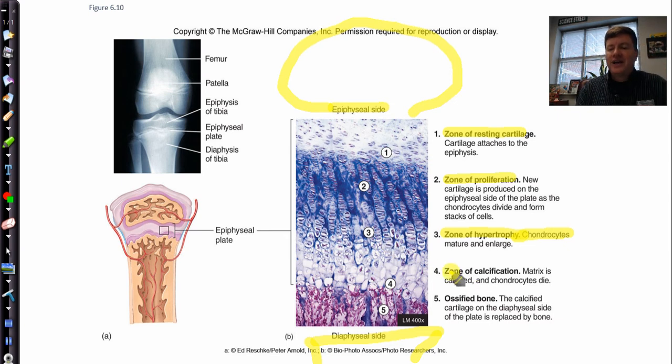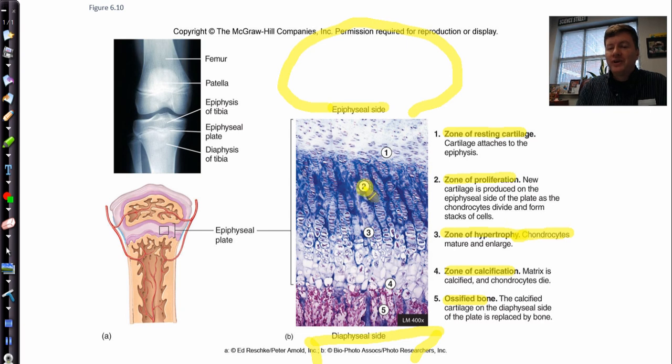The zone of calcification is the area where the osteoblasts are beginning to infiltrate this cartilage and beginning to lay down matrix. And again, the matrix represents calcium and phosphate and collagen. So this is now a region where it's becoming less about cartilage and more about bone. And then the ossified bone is part of the diaphyseal side, where we are getting the true bone.